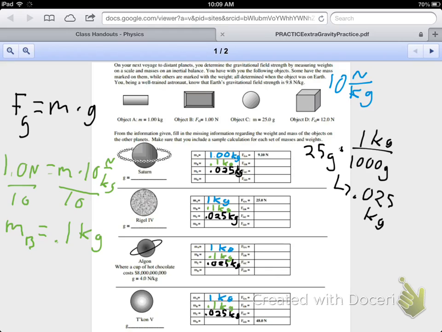That means that for object D, we have a force due to gravity of 12 newtons.